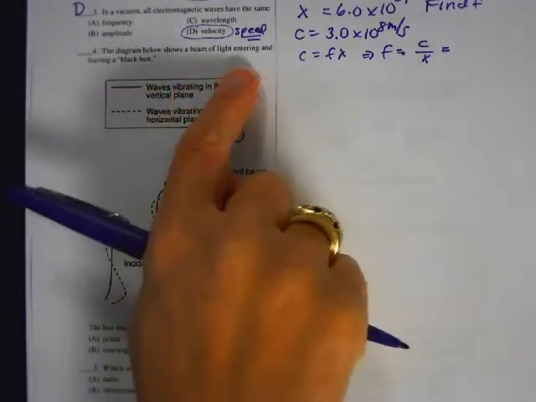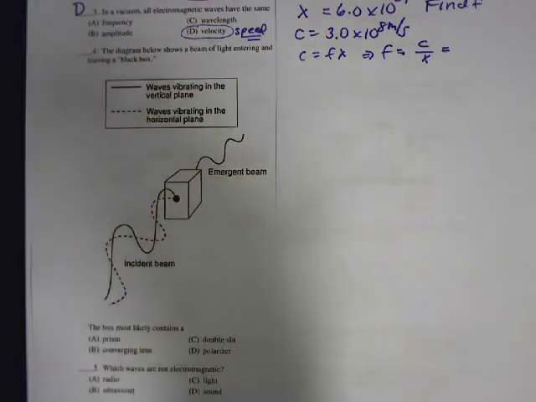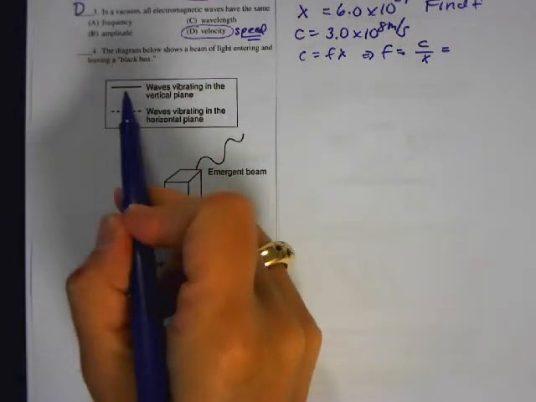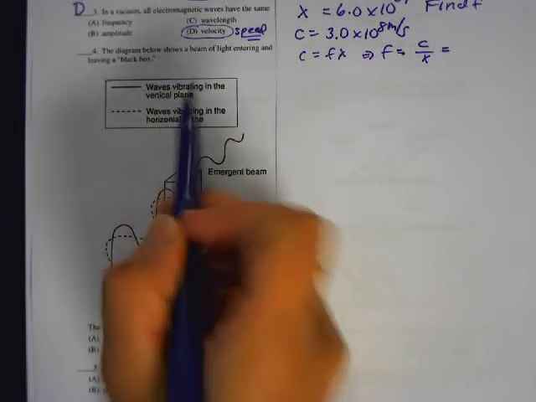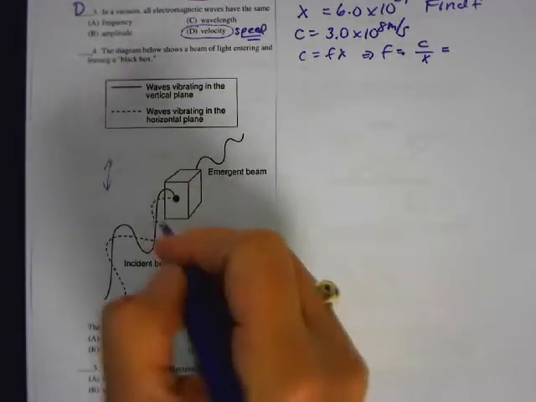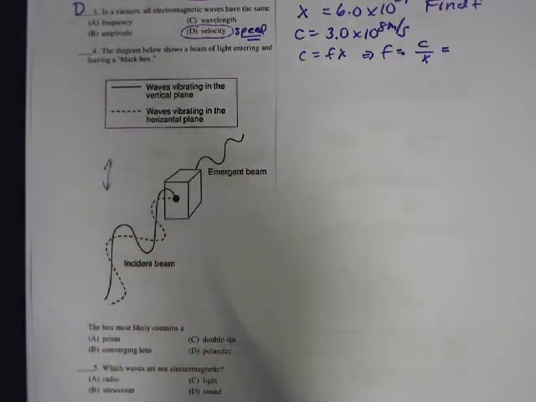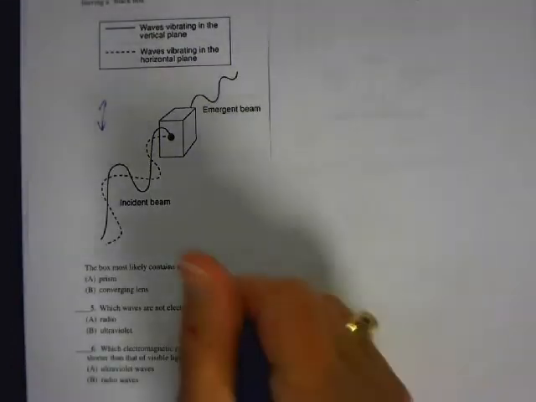Number 4, the diagram below shows a beam of light entering and leaving a black box. So it shows here waves vibrating in the vertical plane is the dark line, and this is waves vibrating in the horizontal plane. Now, as our pre-lab on Friday, I did this as a demonstration, and what I did was I showed you that polarizing filters block out light in one particular plane.